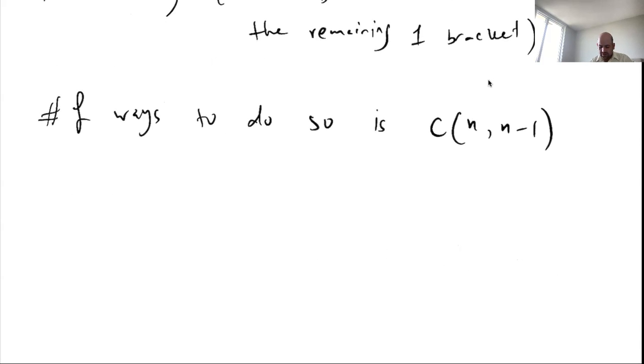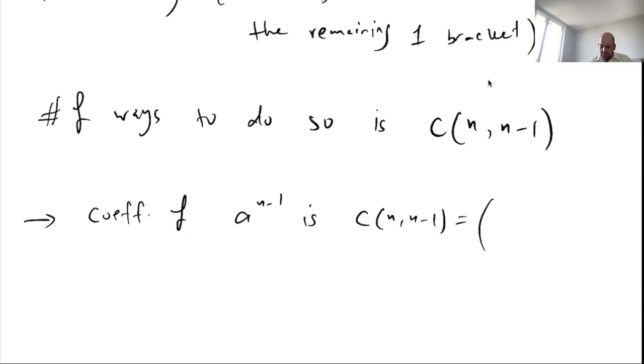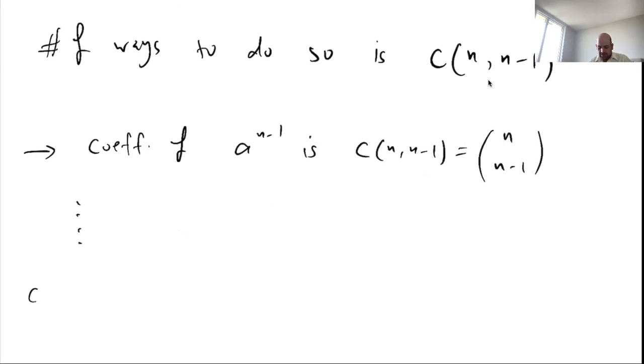So continuing, this means the coefficient of a to power n minus 1 is C(n, n minus 1), another notation for which is n choose n minus 1.